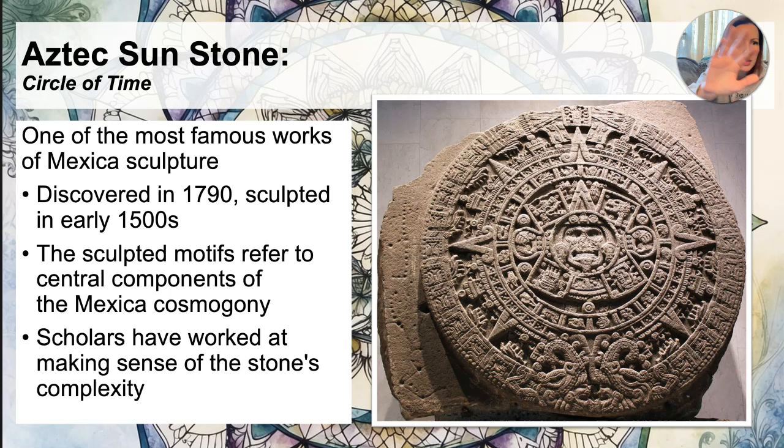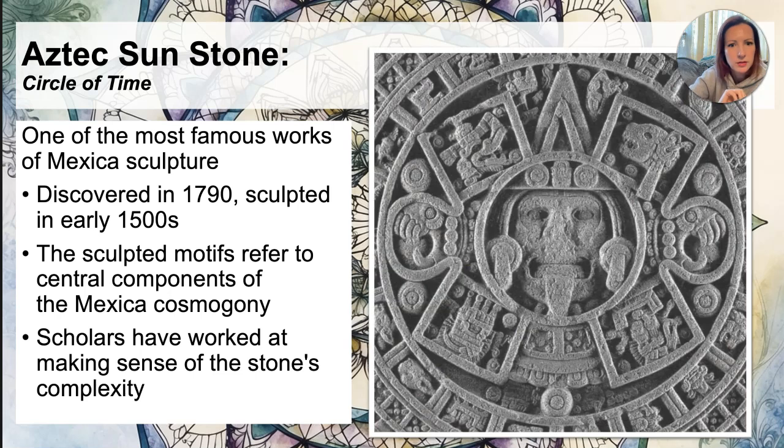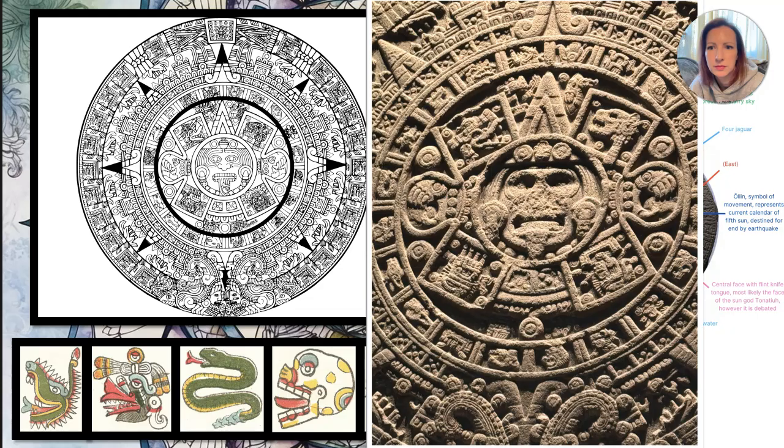But on the face, there are 4 panels showing 4 previous eras that were destroyed. And then you see the center sun god. He looks like he's sticking out his tongue. It's not. His tongue is supposed to be like a flint, and it's symbolizing the need to sacrifice to keep the sun moving. There's so much really interesting meaning behind all these symbols.